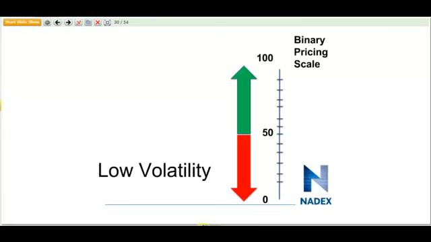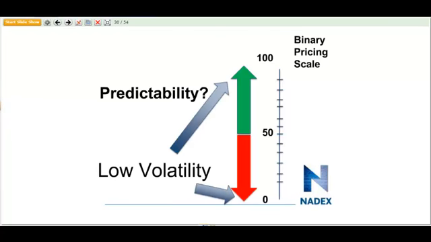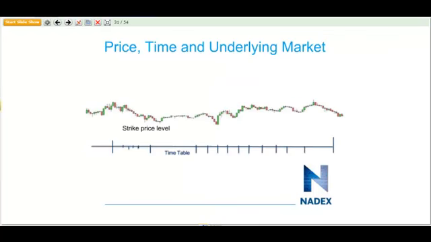Now, if it's low volatility, is it predictable? Well, the binaries that are in the money, kind of in the wings, where it's buyer advantage, seller advantage, that differential, where it's over, it's under, in the money essentially, that is going to be more predictable, these areas. And so the concept is essentially this.